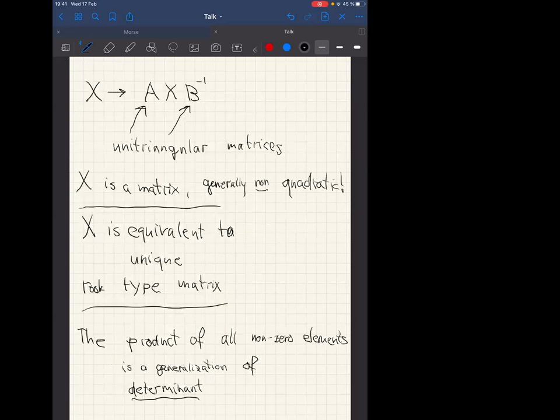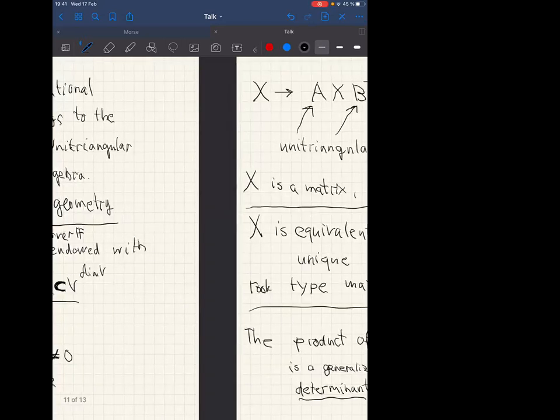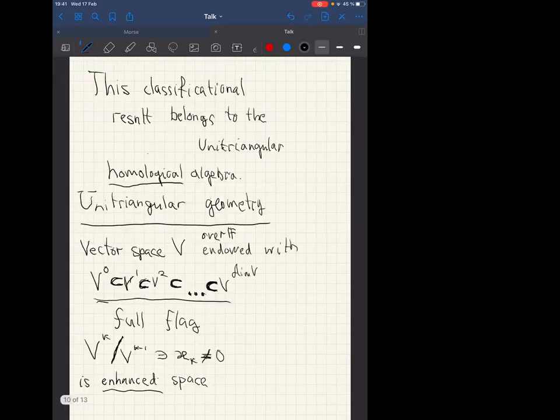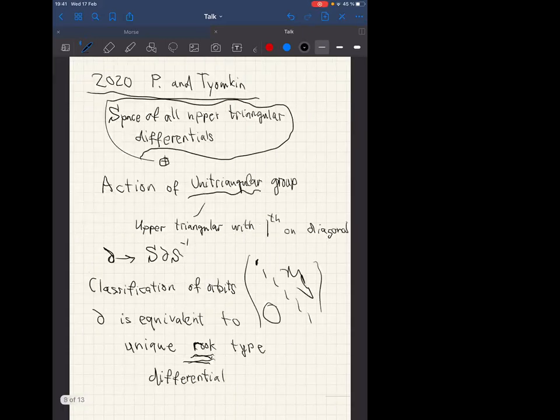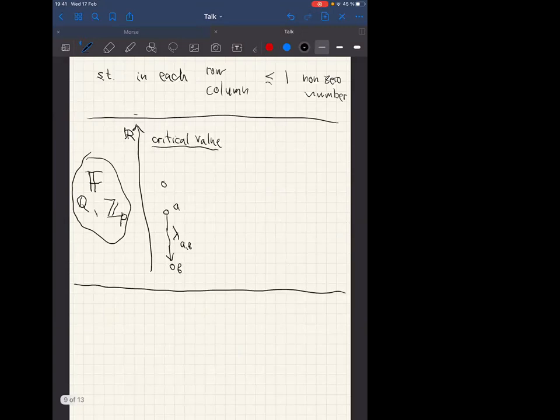And the first theorem, a lemma to prove that classification result that in each orbit there is one rook type differential. The lemma is the following.